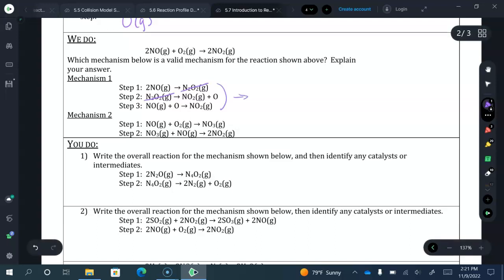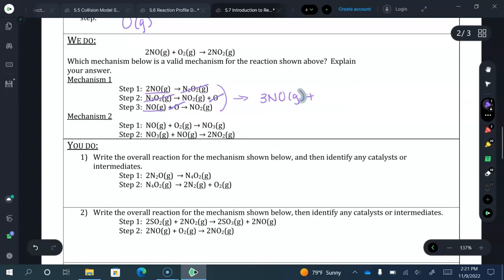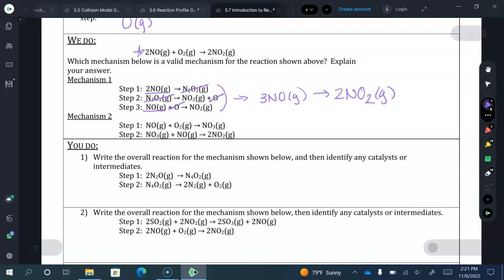So now we're going to add it together, and so we should see 3NO, that's a gas, plus oxygen atom yields, the oxygen atom actually cancels out. My apologies. So that is going to yield 2 nitrogen dioxide molecules. And does that match? No, it does not match.